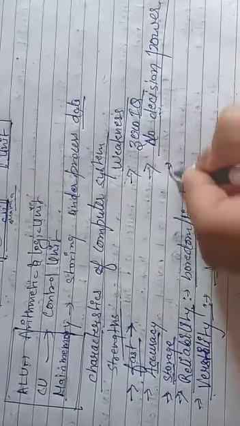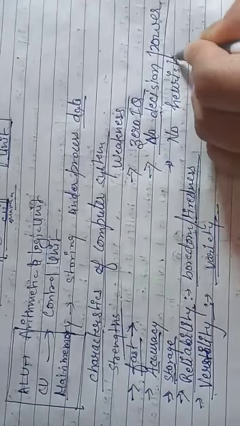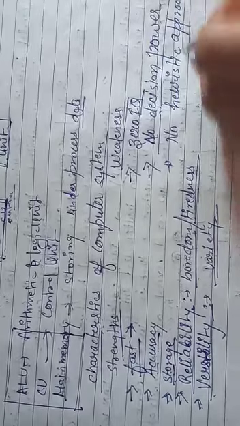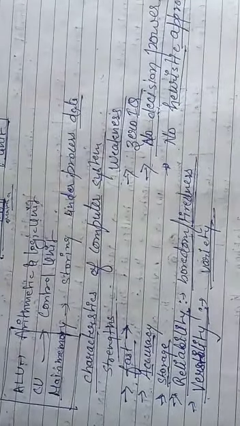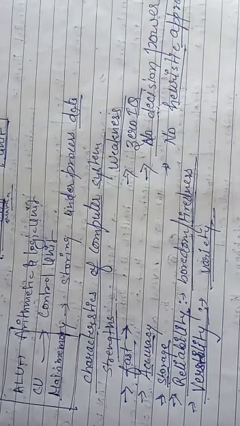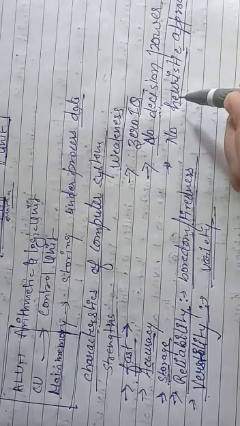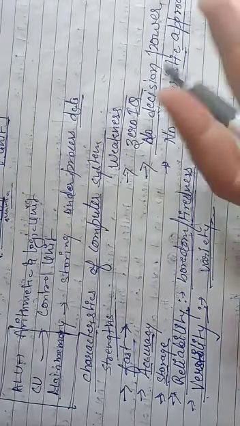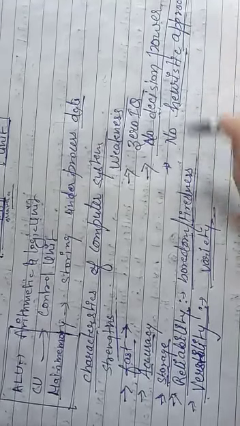Last one is no heuristic approach. In human beings, if we commit some mistake, we learn from the mistake and we try to avoid it if we do the same work again. But a computer works based on instructions of software, so the same mistake will be repeated again and again, so it doesn't follow the heuristic approach.